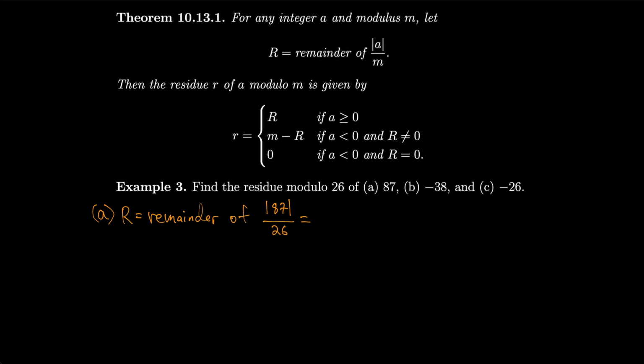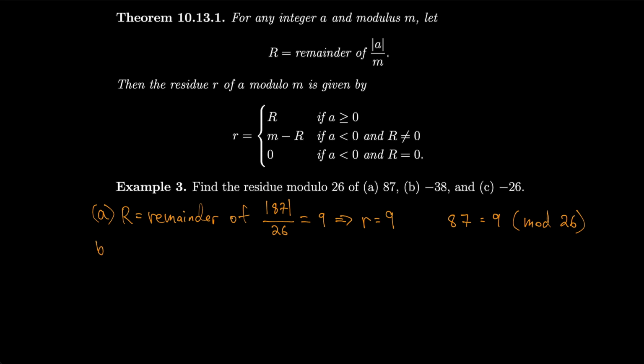That gives me 9, because it's the remainder of 87 divided by 26. There'd be 9 left over if I divide 87 by 26. And that gives me the residue is 9. So I could write 87 is equal to 9 modulo 26.